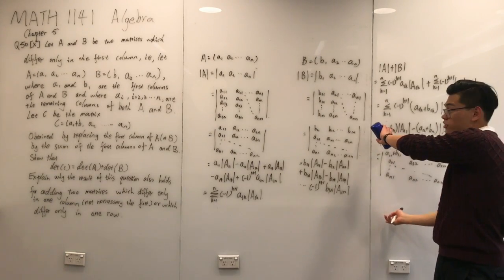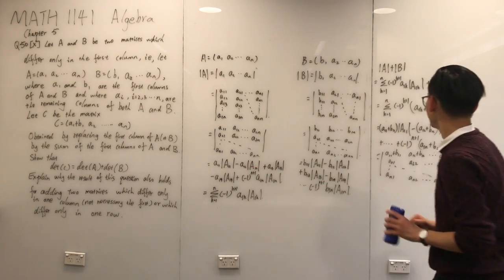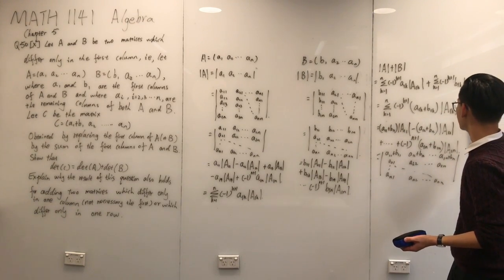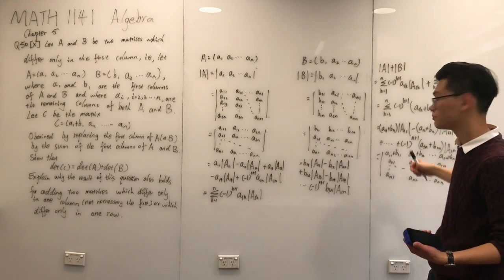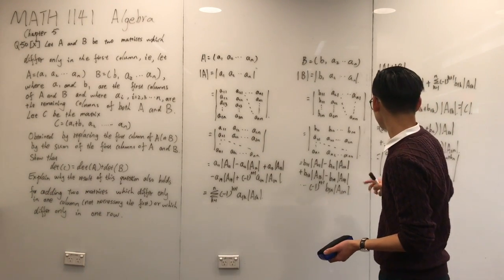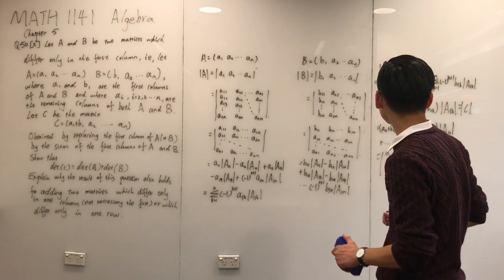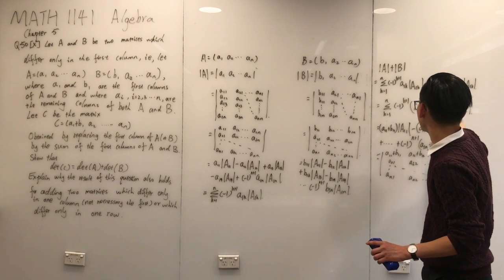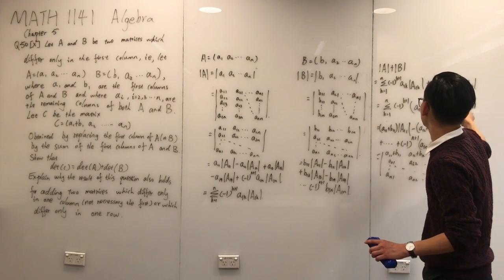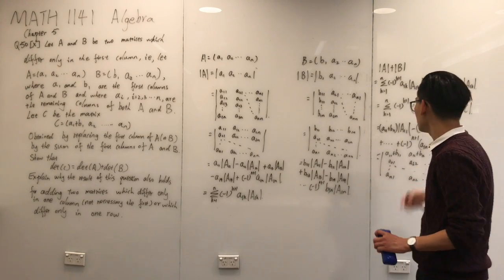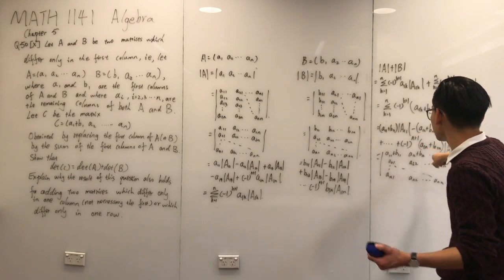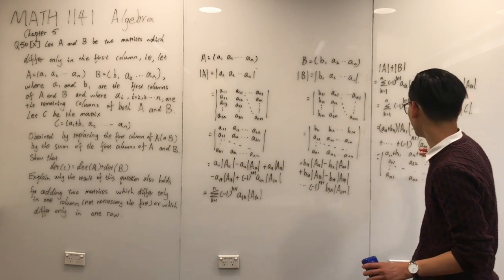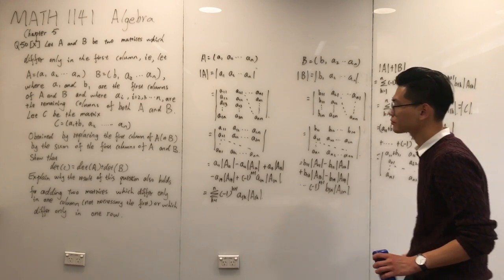It's going to be in the first column, which is C. If you are not sure how we directly go from this part to determinant C, you can look at this expansion, so I think it's easy enough to understand. If you can see why we can immediately jump from A1k plus B1k to determinant C, just ignore this part. If you don't understand, you can expand it out and then transform it back to the form of determinant C, and you will see why this part is the determinant of C.